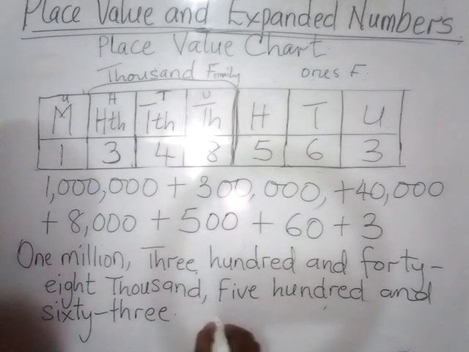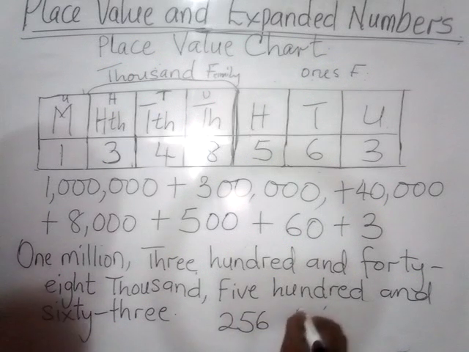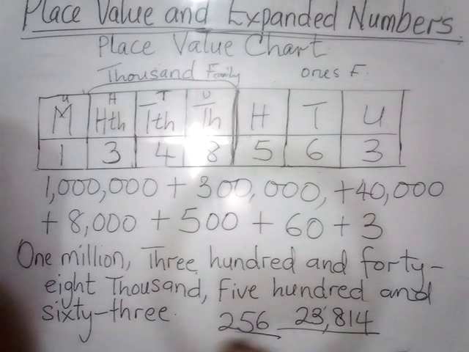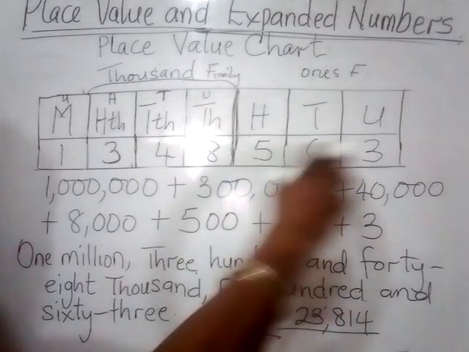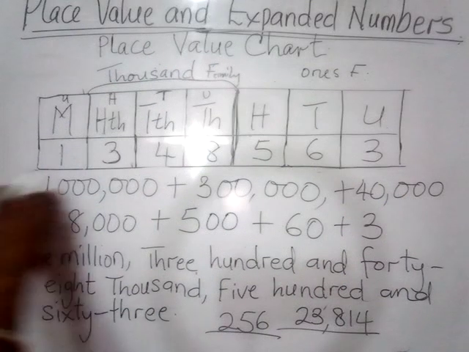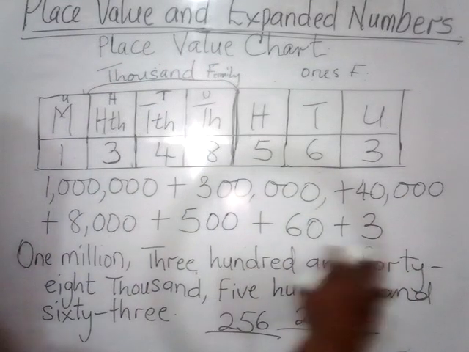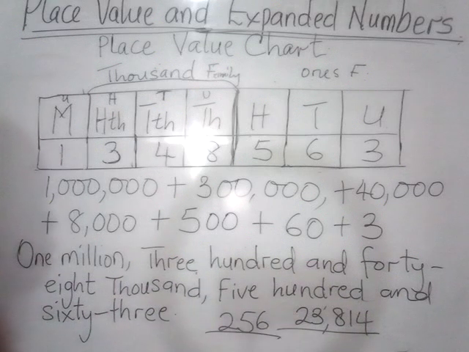Like if I write something like this, 256, this is standard form. Or I write 23,814, this is standard form. Okay, so if you hear representing numbers in standard form, this is simply what they're talking about. Representing them in expanded form, this is what you have here. Representing numbers in written form, this is what you have here.